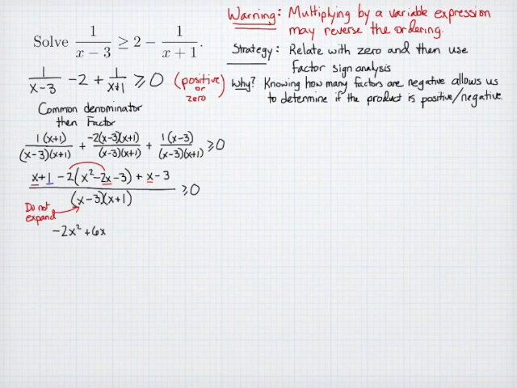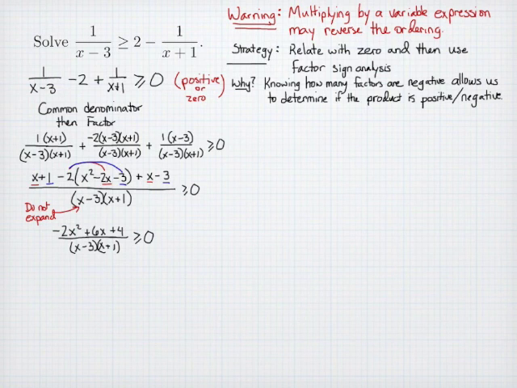And our constants, we have 1 plus 6 minus 3 makes it plus 4, divided by x minus 3 and x plus 1. Put everything in proper parentheses, and we have a new inequality.